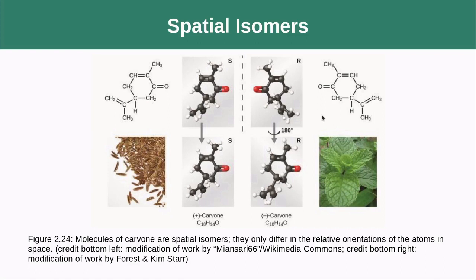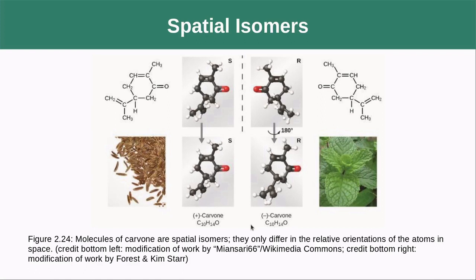Your left glove doesn't fit on your right hand. And if you turn them back around and pay attention right here, we have this hydrogen that's sticking up towards us, where in this example, that hydrogen is actually sticking towards the back. Even though this is a subtle difference, it can lead to some pretty substantial differences in properties.